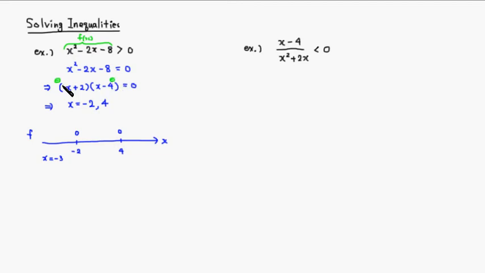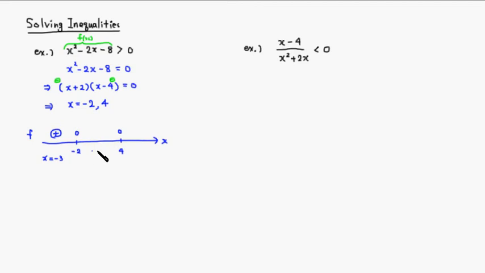So negative times negative is positive. The good thing about a continuous function is that on this interval the sign never changes, so no matter which value you choose from this interval, the function is always positive.